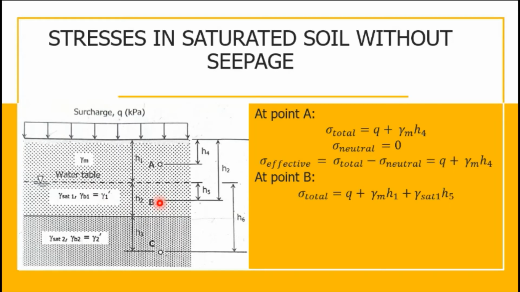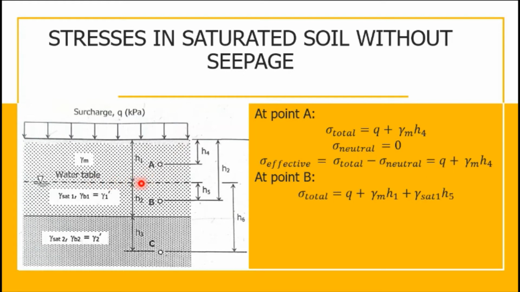It is here. So you have to get the stress here first and then get the stress here. This will be equal to the moist unit weight multiplied by the height of this soil layer. What is the height of the soil layer? It's equal to H sub 1. That's why this will be moist unit weight times H sub 1.